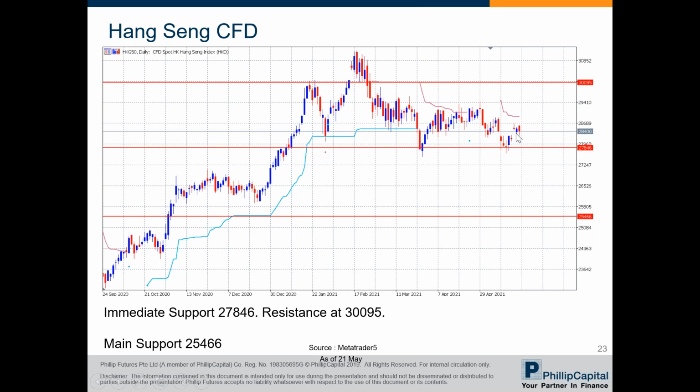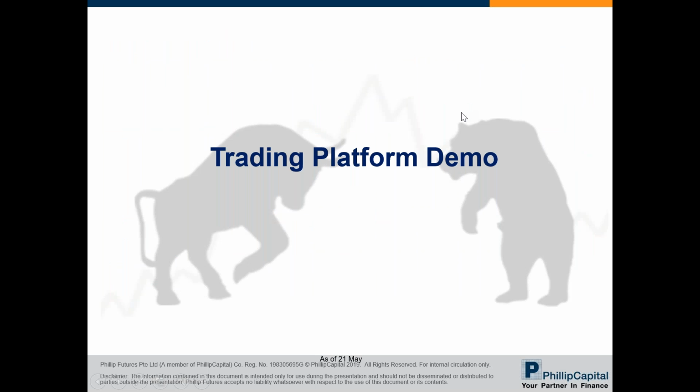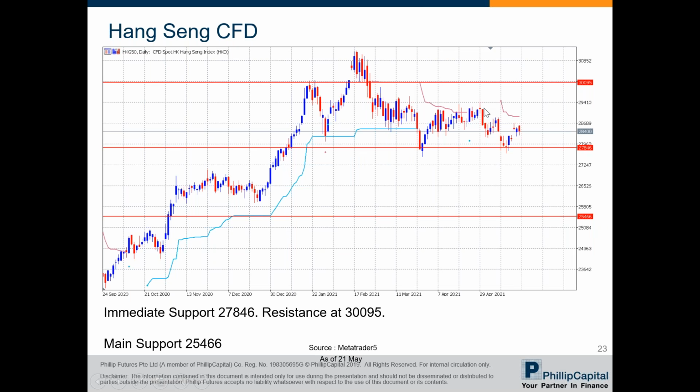But today, like the China A50, the blue candle emerged, which we'll see later on at T5. So it pushes through, and I think it will be heading towards this range over here at 30,095, a retest. But before that, of course, the resistance level is about here, and it will still be within this range until this breaks.